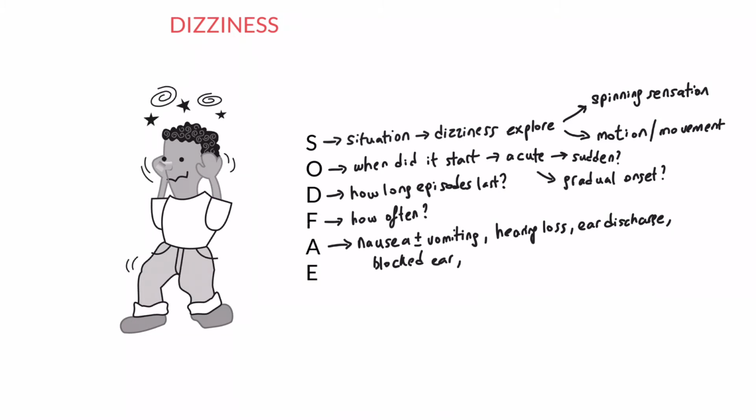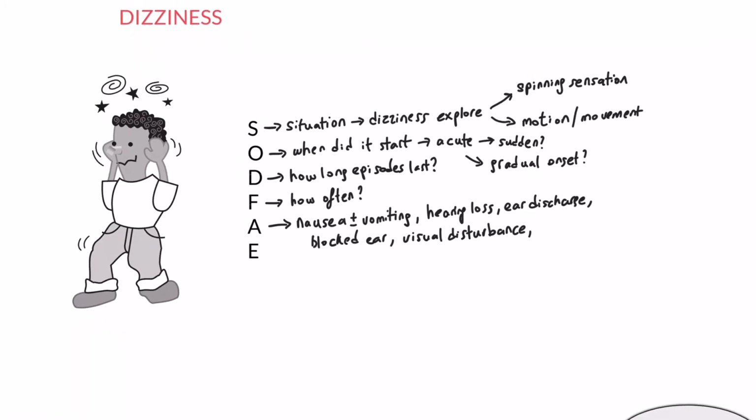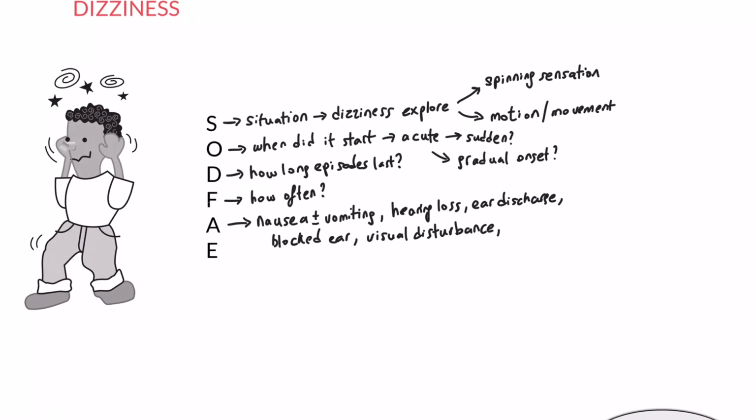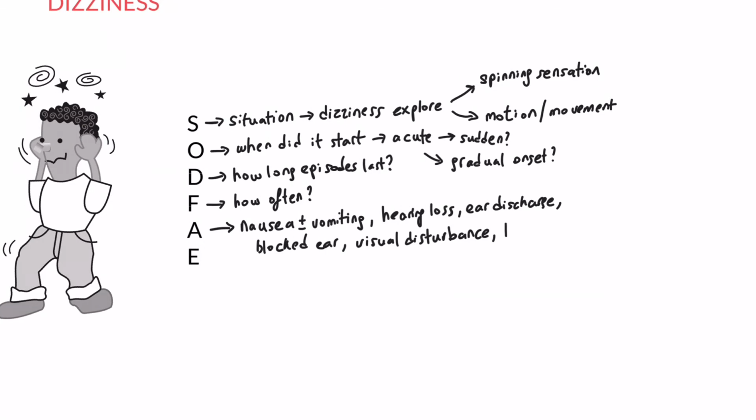So we're going from top to bottom. Any visual disturbances? That could be blurred vision or double vision, any of those things. And don't forget to ask about head trauma.